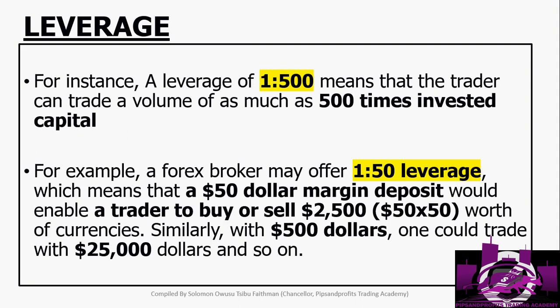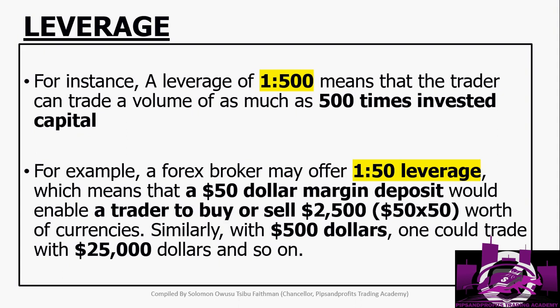So for example, a forex broker may offer 1:50 leverage. It means that with a deposit of $50, you'll be able to buy or sell up to the tune of 2,500 worth of currencies.